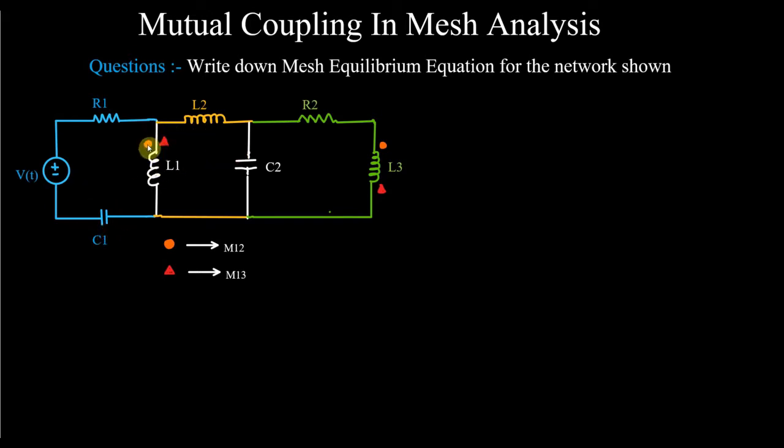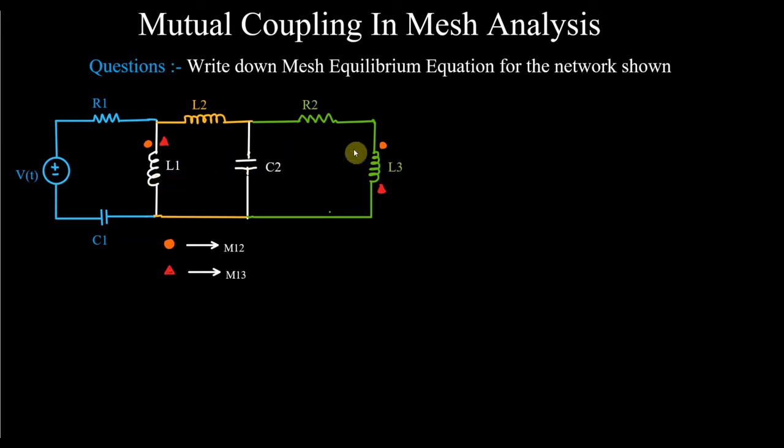You can see that this dot is present here with the orange color, which shows the value of mutual inductance is M12. One dot is here and the second dot is here. So L1 and L3, these two coils are mutually coupled, because mutual inductance comes when there are two coils.